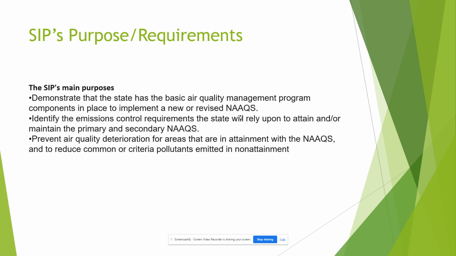And if you are an attainment state, your SIP is going to concentrate on preventing the deterioration of air quality, so we're not doing any worse than we have. And any area that's in non-attainment, we're going to reduce them.